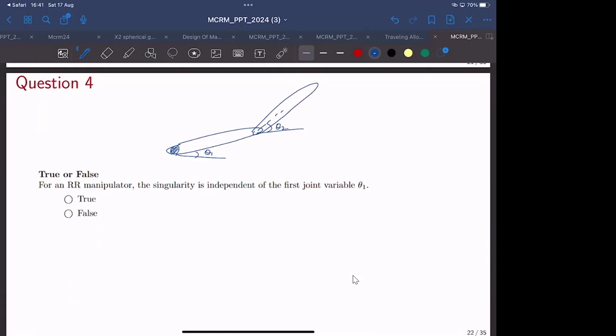So when can singularities happen in case of an RR manipulator? The singularities happen when these two links align with each other, or when it is fully stretched like this, right? So one configuration would be when it is fully stretched like this.